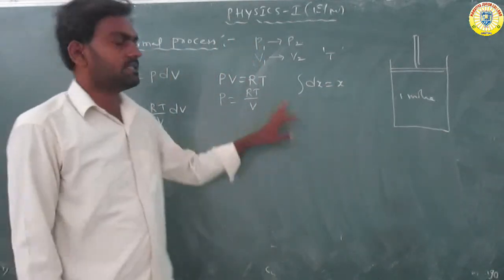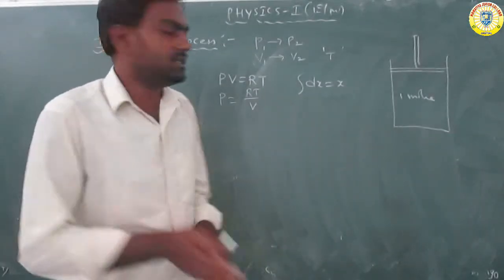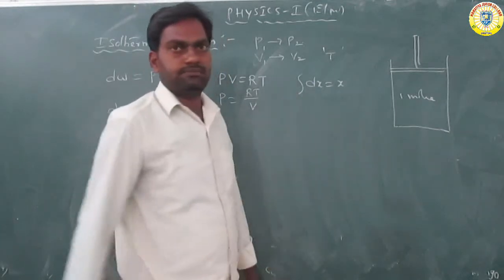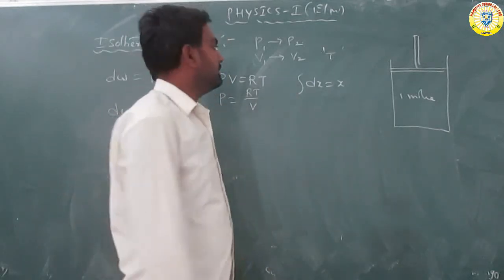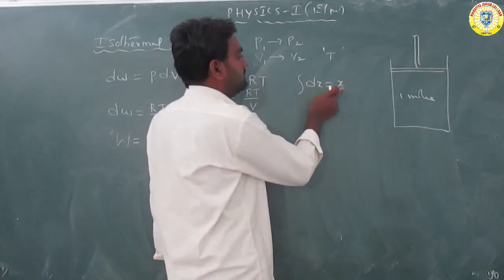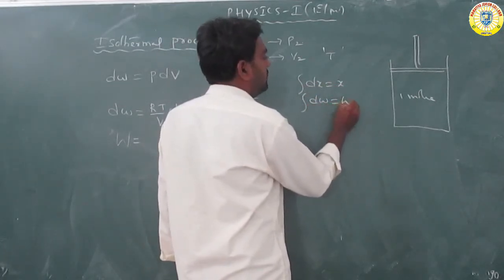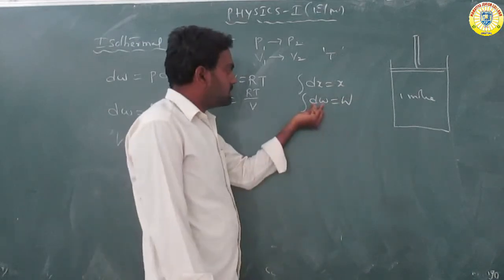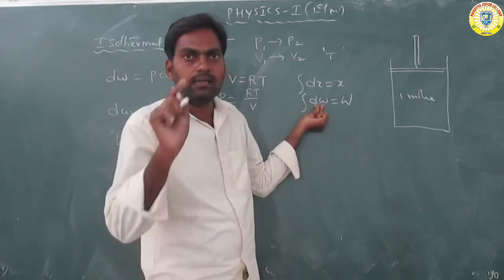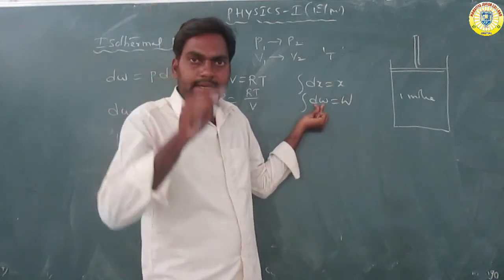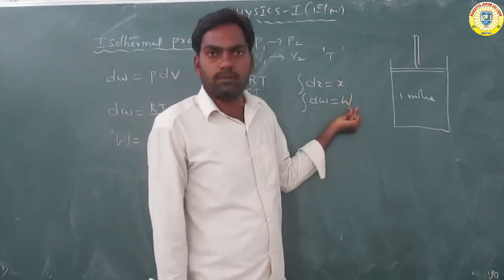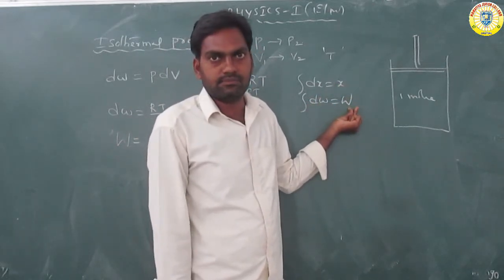This term is called integration. So the integration of dW gives W. Integrating the small work done gives the total work done.